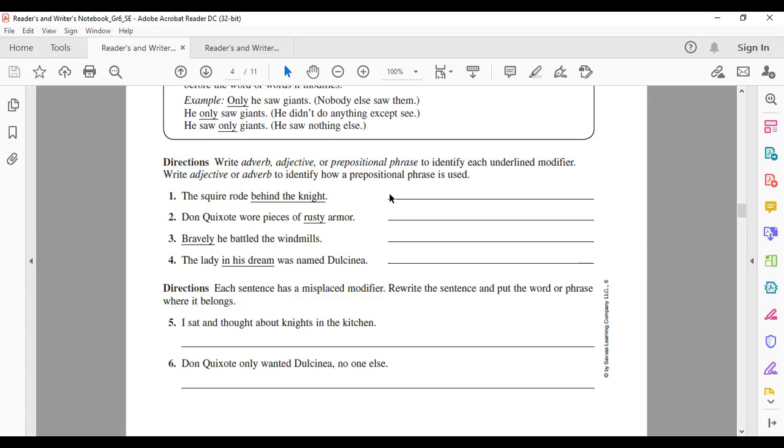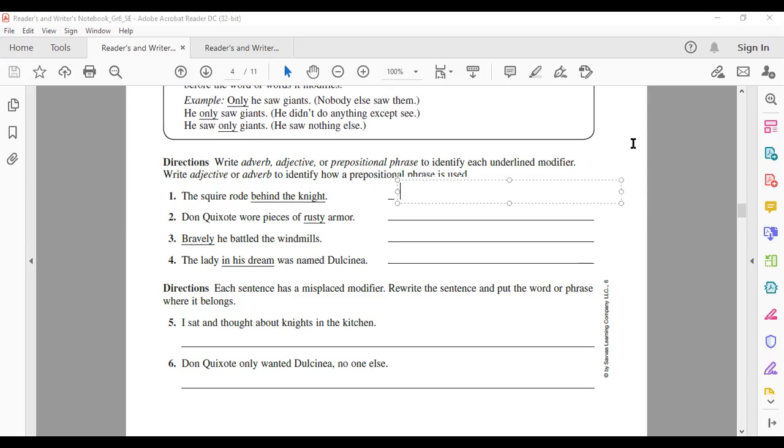Okay, read number 1, please. The square road behind the knight. Now this is the verb rode, and we have the phrase that comes after the verb. So what do we call this phrase, adverb or adjective?